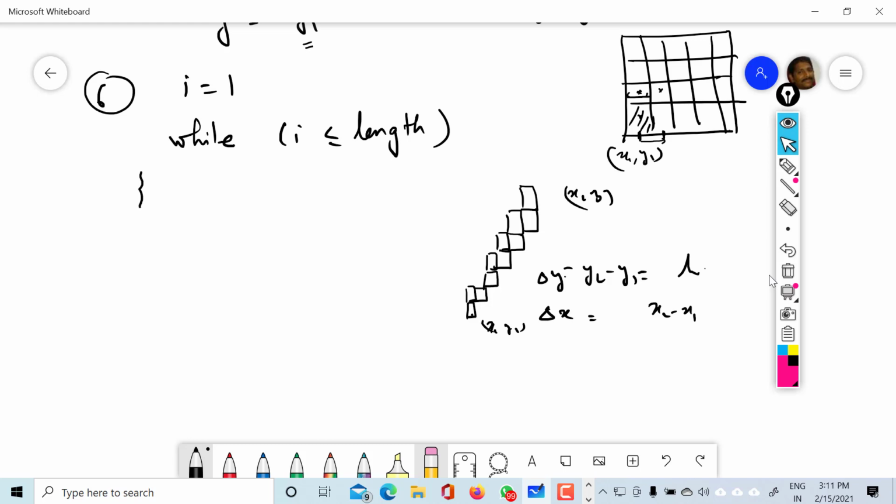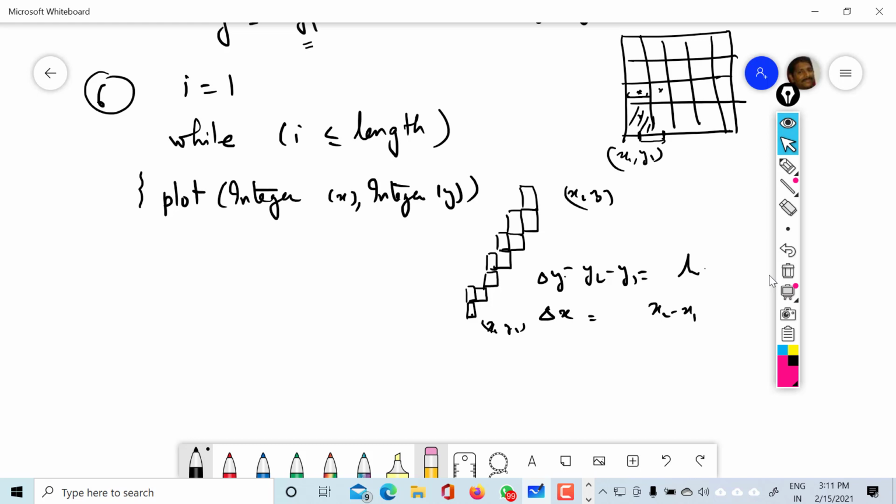Now you will plot, because you are getting a new point by using the above formula. So plot integer x and integer y.